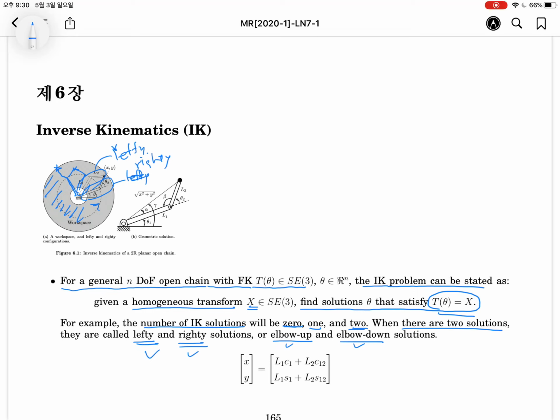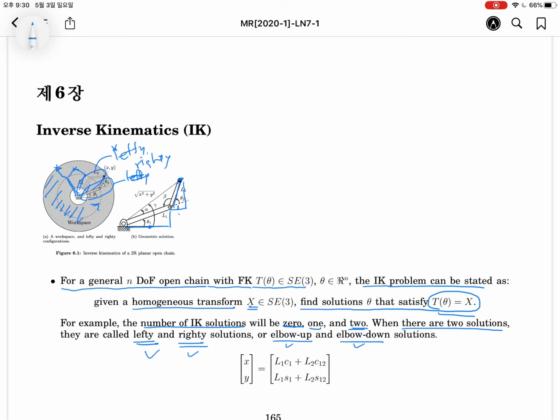In this two-link planar manipulator, left and right solutions exist. Okay, one more. I'm sorry. Let's calculate the end-effector position using θ1 and θ2. It's very easy. L1 cosine θ1 will be this one, and we can make another triangle.